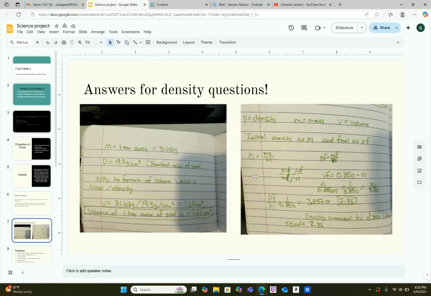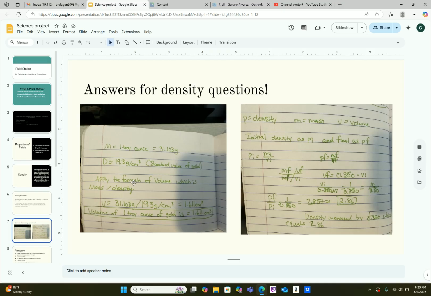Going on to this next slide, I have both answers right here, and both sets of steps as well. We're going to focus on this one. For our given, the mass is 1 troy ounce, which equals 31.103 grams. Our density is 19.3 grams per centimeter cubed, which is the standard value for gold. We're solving for volume.